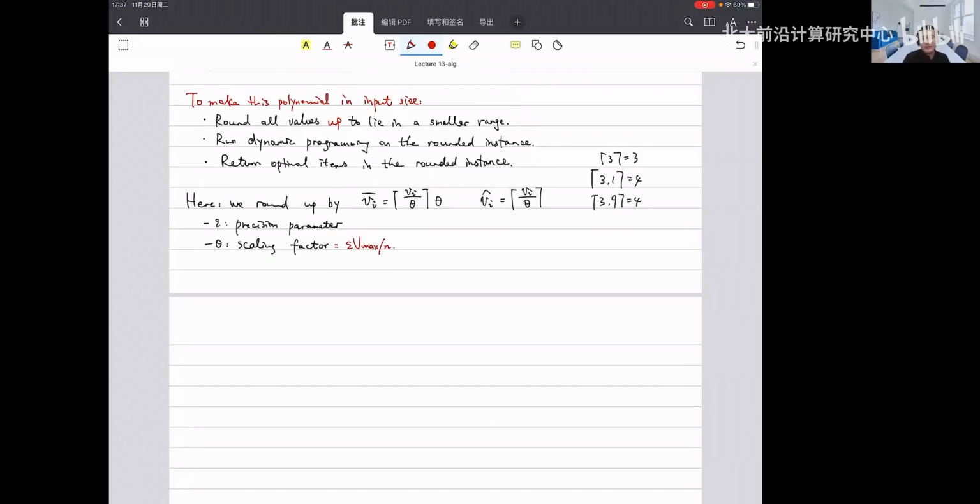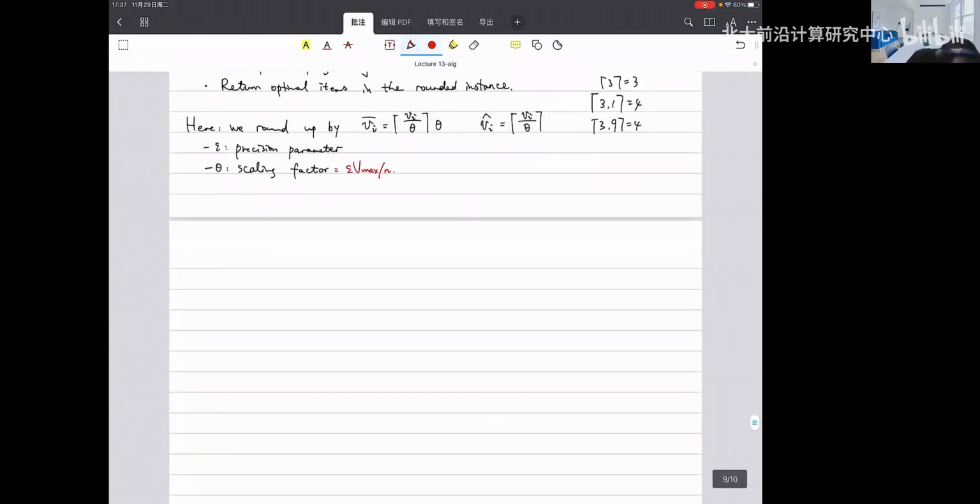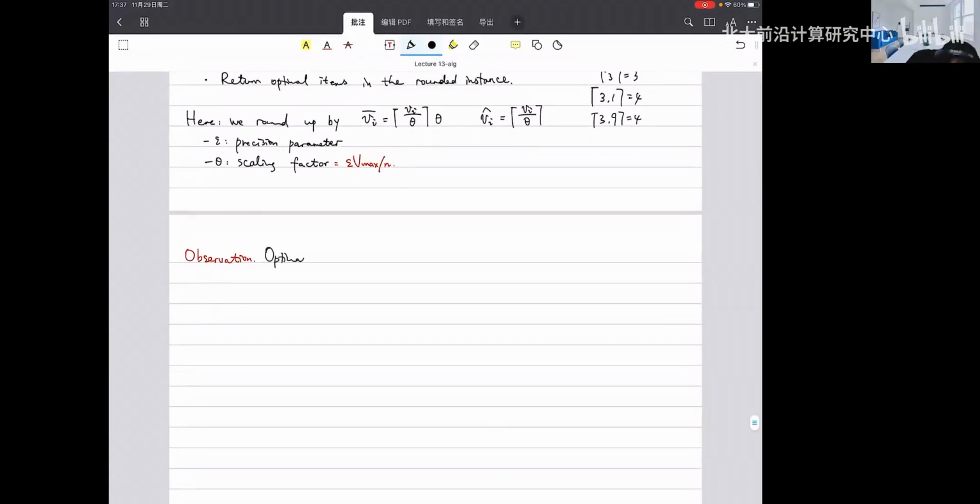But a very important point, when we're talking about the approximation algorithm of rounding all values, the most important observation here is that the optimal solution to the problems with the bar value or the hat value are actually equivalent.